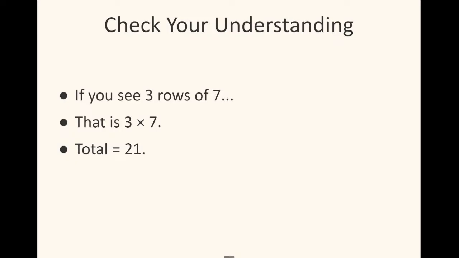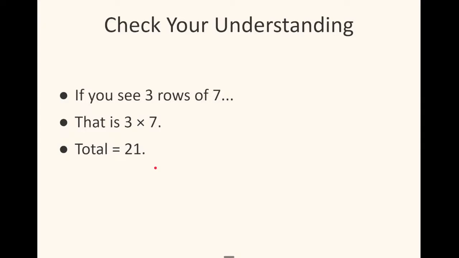So let's do an example here. If you see 3 rows of 7, then that will equal the equation 3 times 7, which will give you your product of 21, because the 7 is added 3 times.